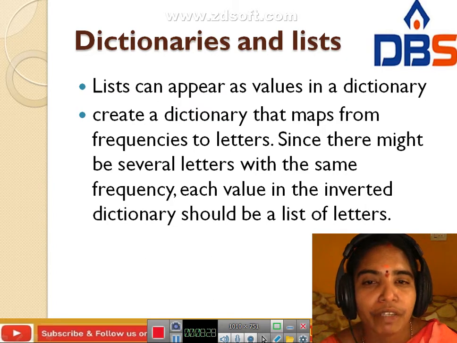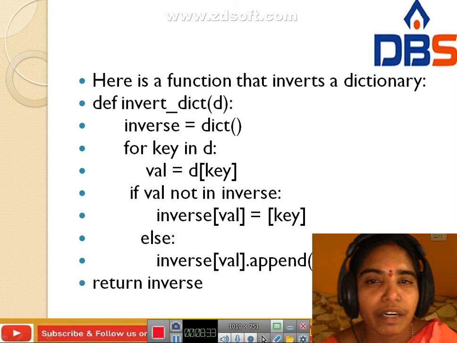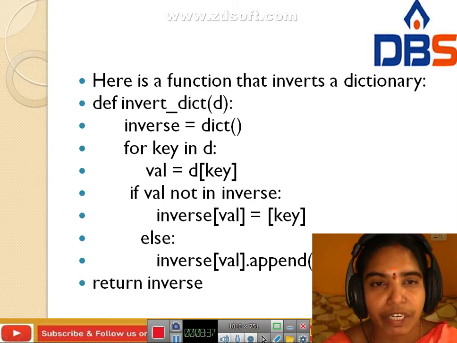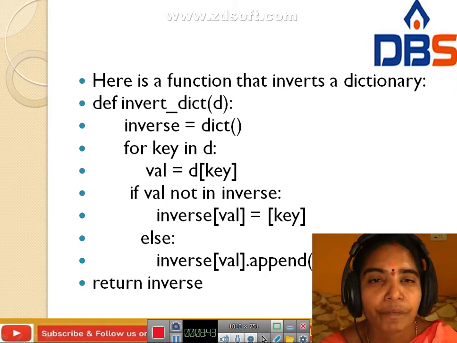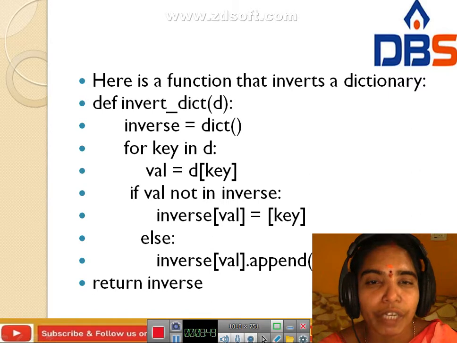Next, this is the example for the inverted dictionary. We define a function invert_dict of d. inverse equals dict(), for key in d: val equals d of key.